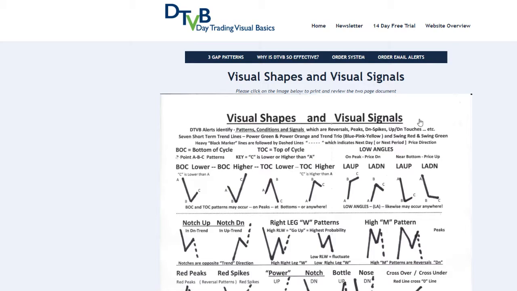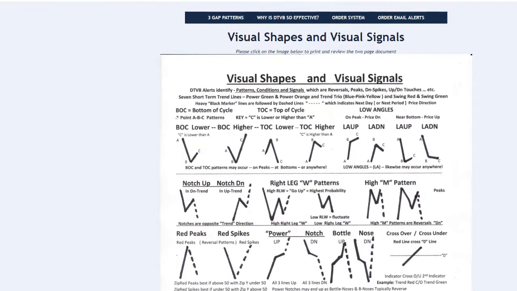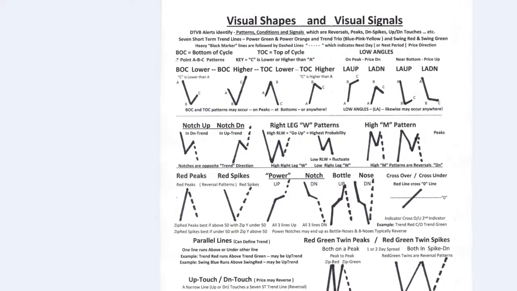If you open that up, you end up with what I'm referring to as the hand-drawn BOC patterns, the TOC patterns, that'd be top of cycle patterns. Then you have your low angle up and your low angle down on a peak. We call these peaks or posts. And then your low angle up, your low angle down, we call these buckets or on the bottom.